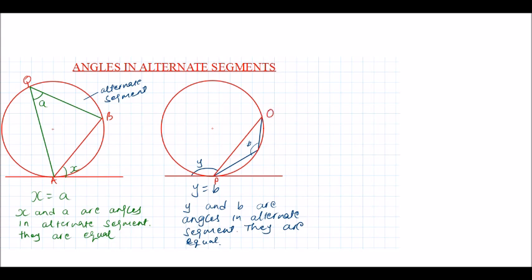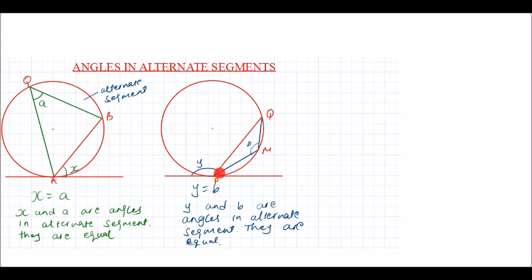We have PQ and we have M. So what this means is that now this is the alternate segment to this one. And as you can see, our chord PQ and our tangent form an angle which I have labeled Y. Is that correct?